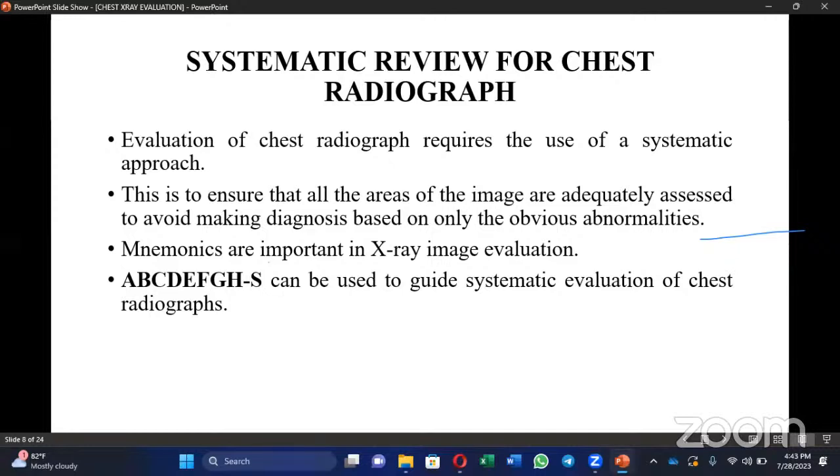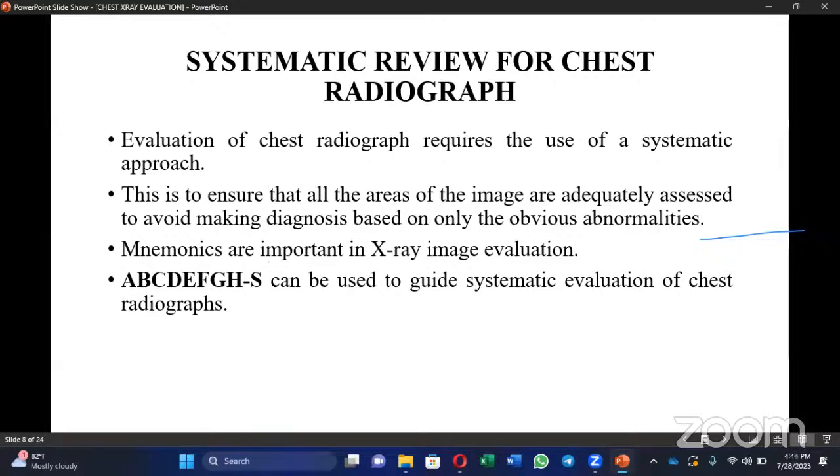It is always very important to review all your images systematically, because we wouldn't want to miss any subtle pathologies, okay? So that we don't base our diagnosis only on obvious abnormalities, okay?